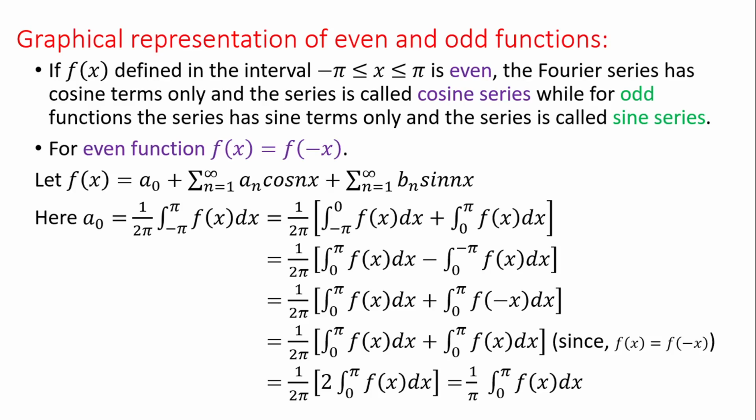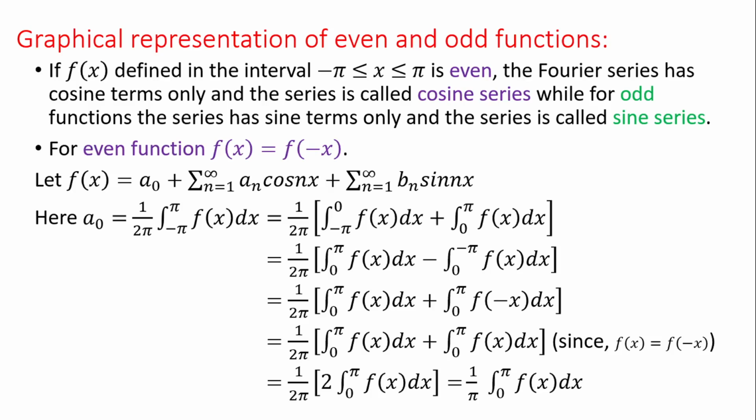Okay, so we have 1 by 2 pi [integral] 0 to pi f(x) dx plus [integral] 0 to pi f(-x) dx. But since function f(x) is considered as an even function, f(-x) is equal to f(x). So therefore we have 1 by 2 pi in bracket [integral] 0 to pi f(x) dx plus [integral] 0 to pi f(x) dx.